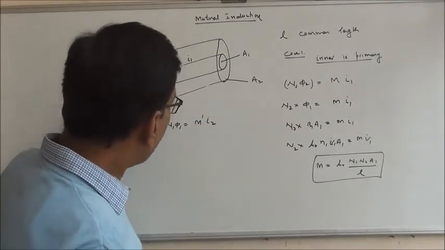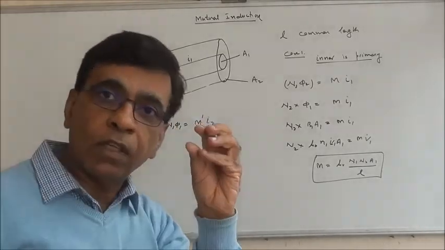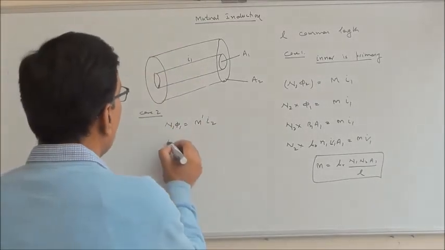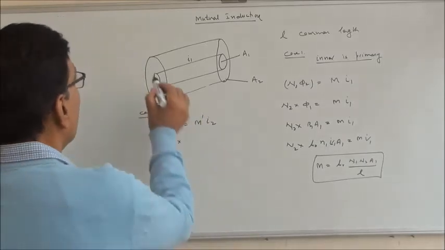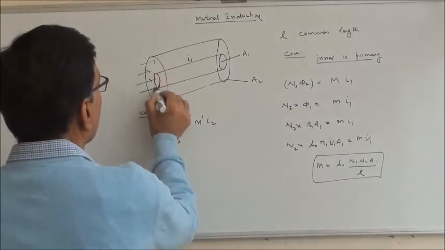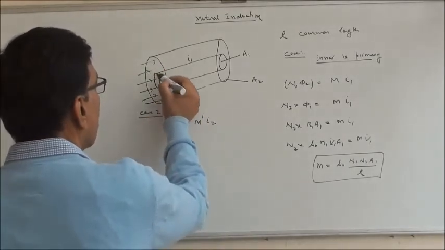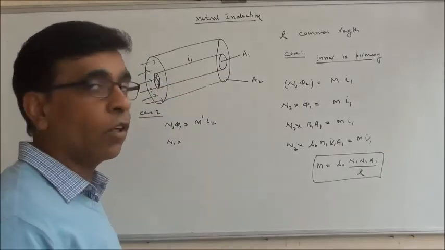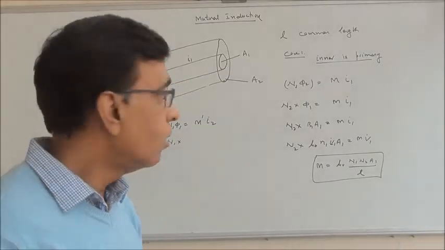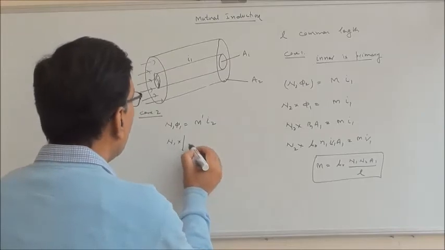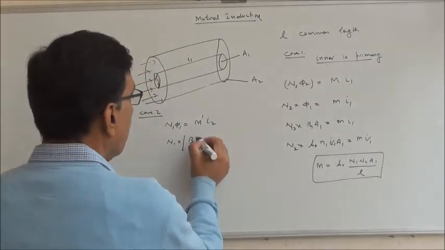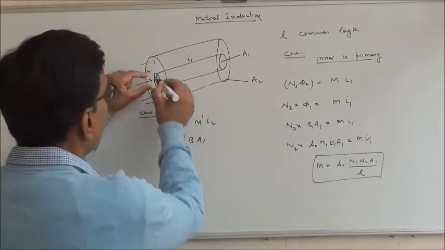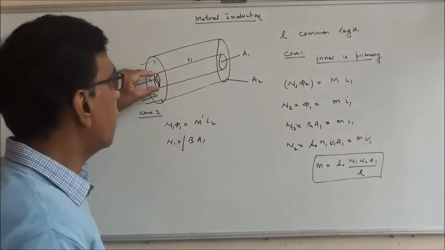So current is flowing in the outer one, and I want the flux for the inner one, N1. Now this time, there are magnetic field lines throughout, but I want only the flux for the inner one. So how will we calculate? We will take whatever is the field present here into the area. This one. I need flux only for this one.